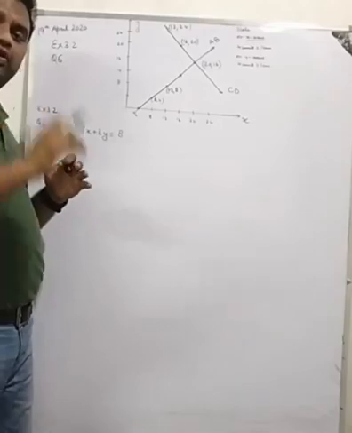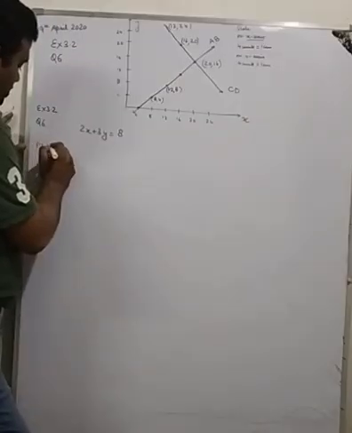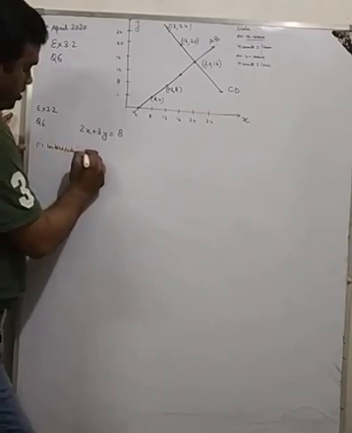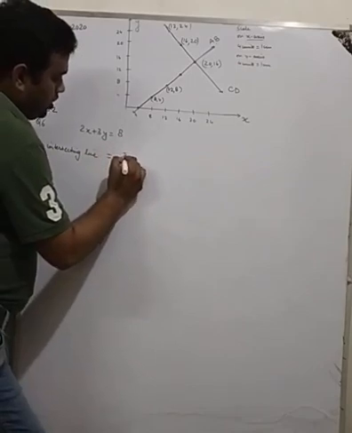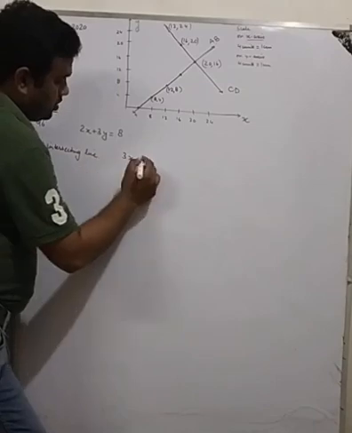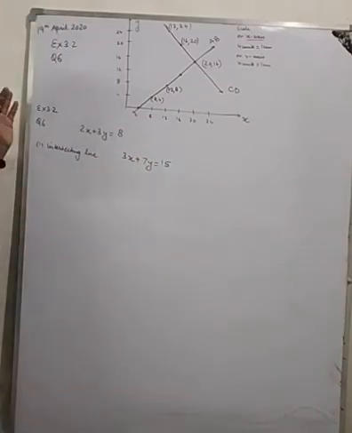So randomly we can write any equation. The first one, intersecting line, is 3x plus 7y is equal to 50. Randomly anything I can write.